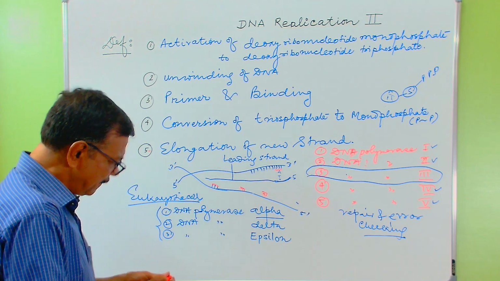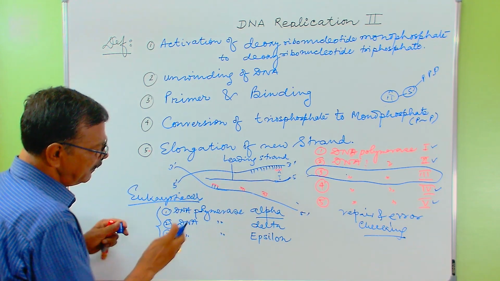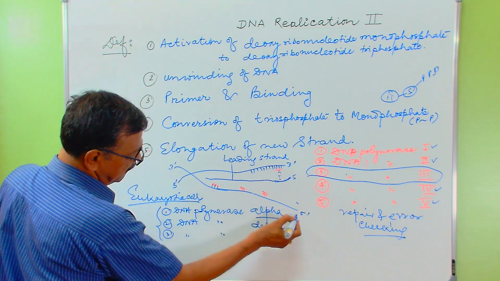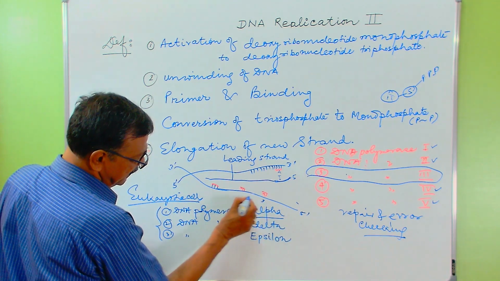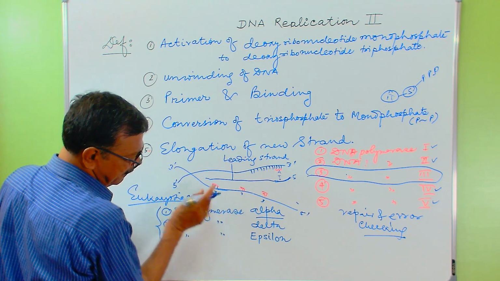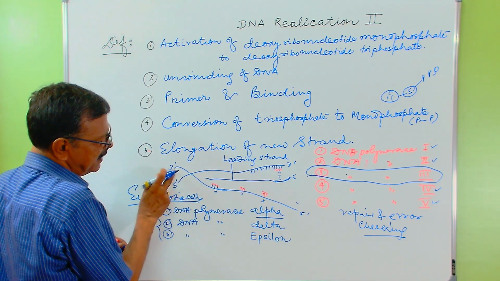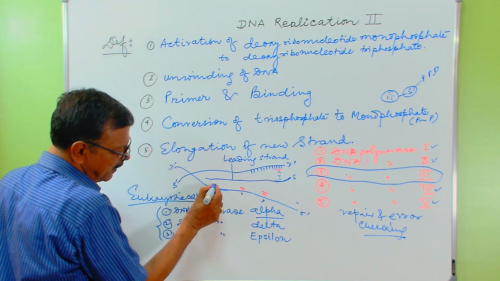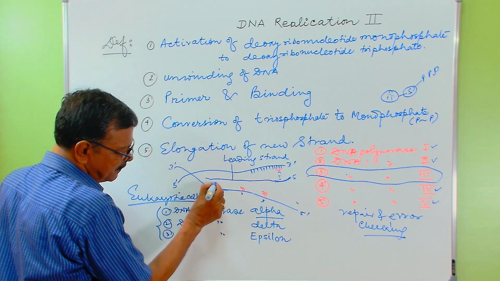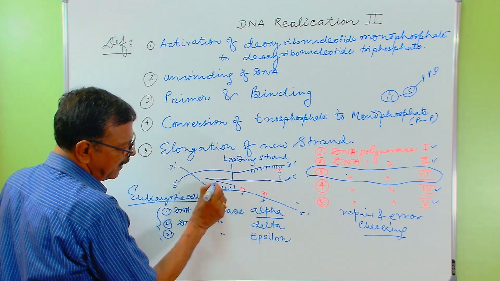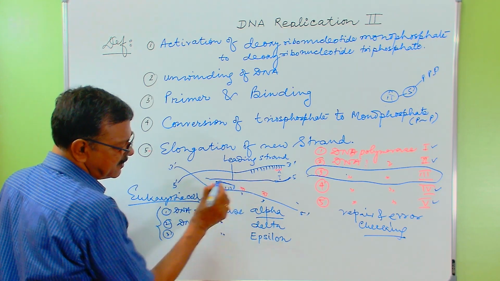Now here it is 5 prime, here is 3 prime. DNA polymerase starts from here, so here is a single strand.